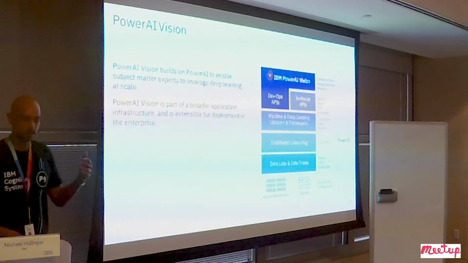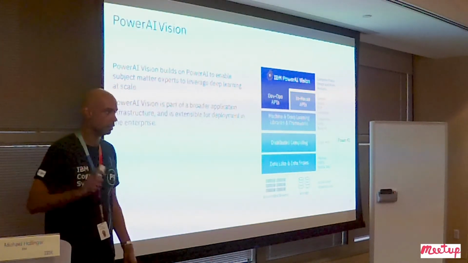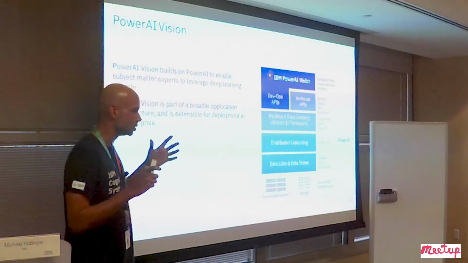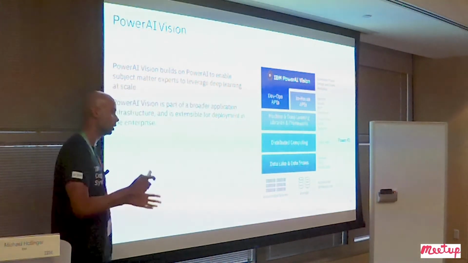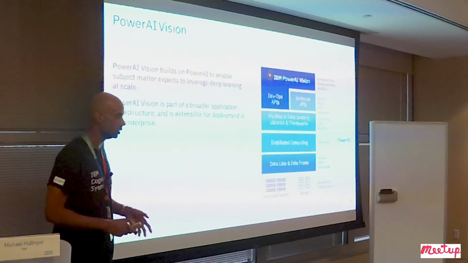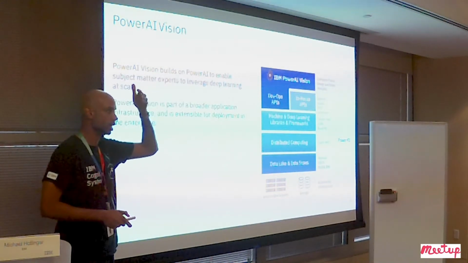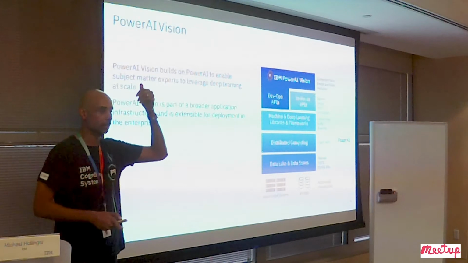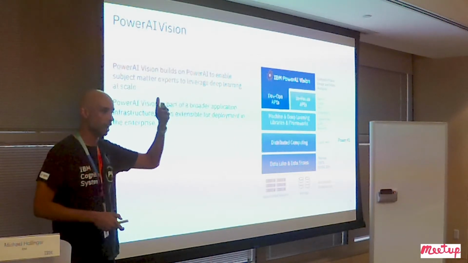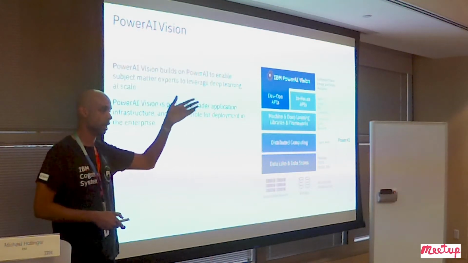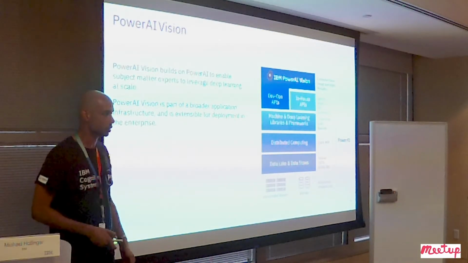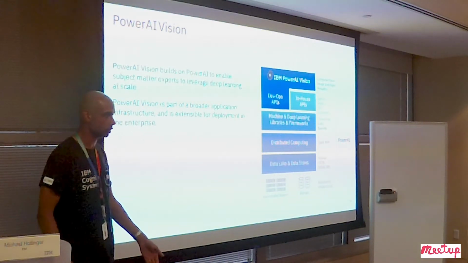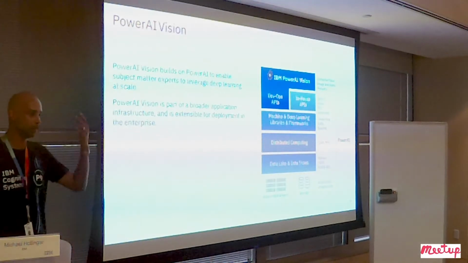This is part of a broader play that we have, but it's not just a Watson thing or just a Caffe thing. This is optimizing everything from the source, at the level of Python, all the way down to the microprocessor itself and the buses in and out of the microprocessor. So we play at all levels of this and we optimize all levels of this.